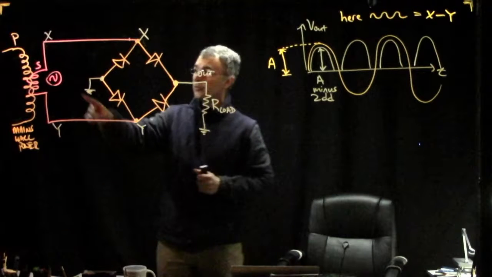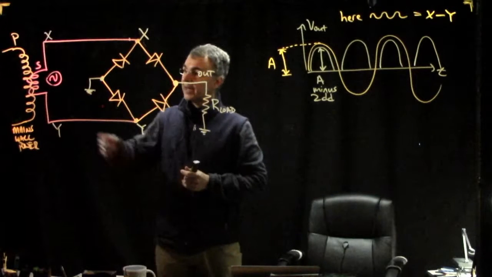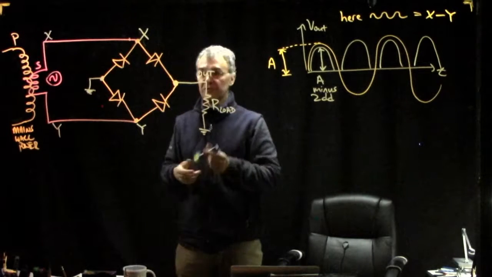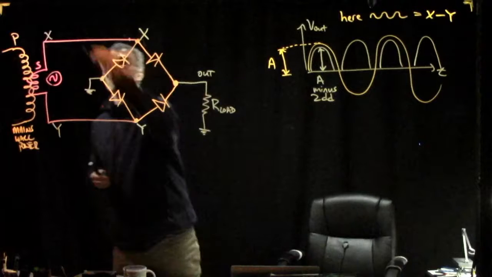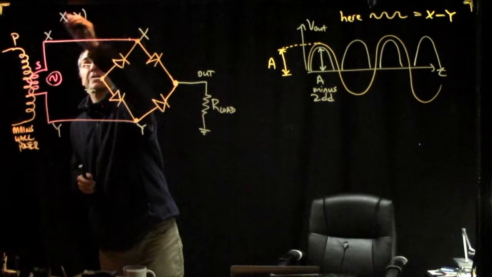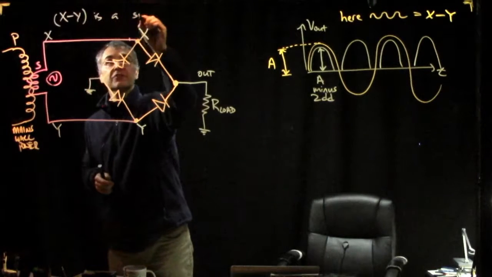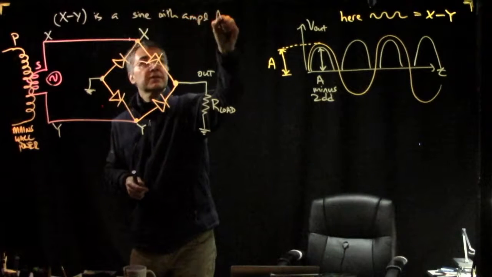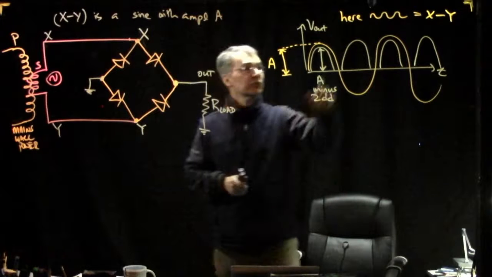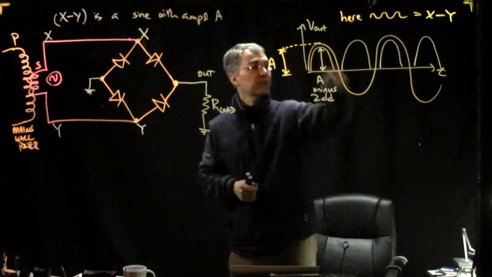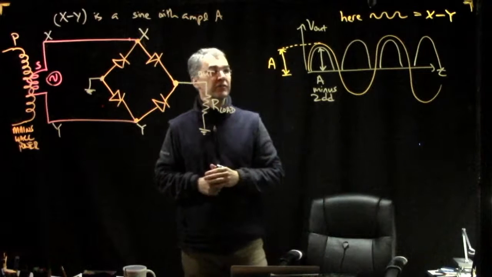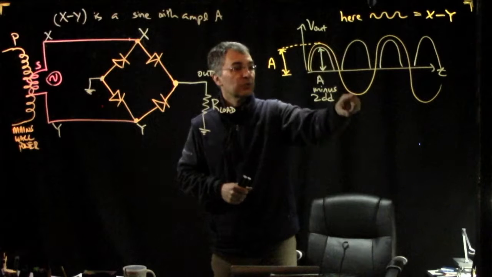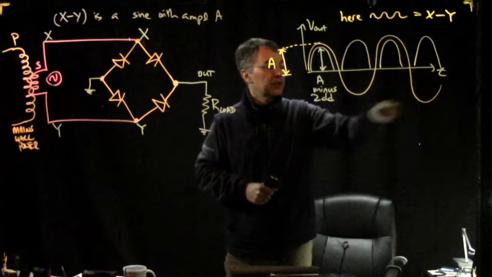What we know is that the voltage difference, X minus Y, is a sine wave with amplitude A. I drew in yellow over here a representation of X minus Y as a function of time. So here X is higher, here Y is higher, here X is higher, here Y is higher.